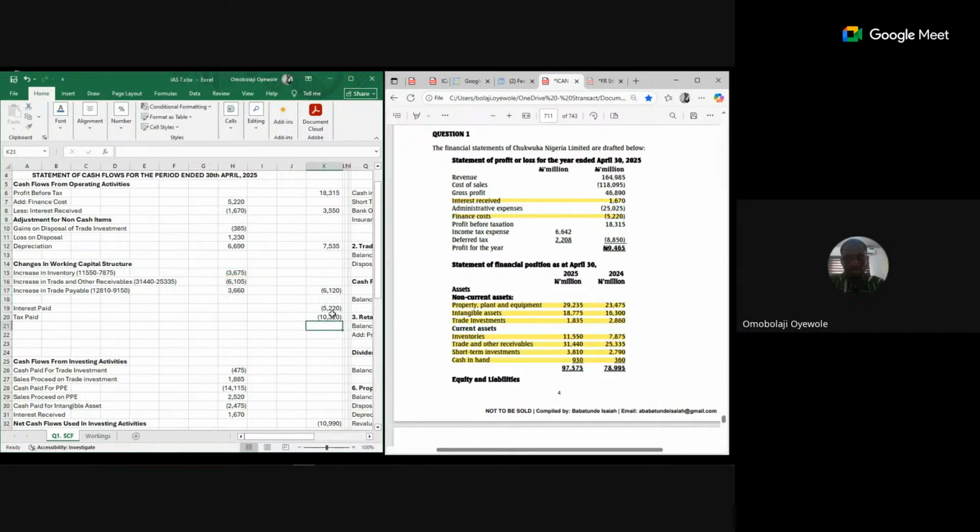So everything all together, and just do an auto sum. That will give us 7,740. So this is the net cash flows generated from operating activities.